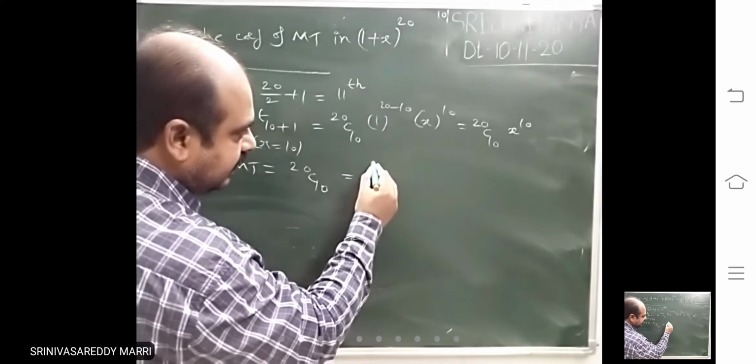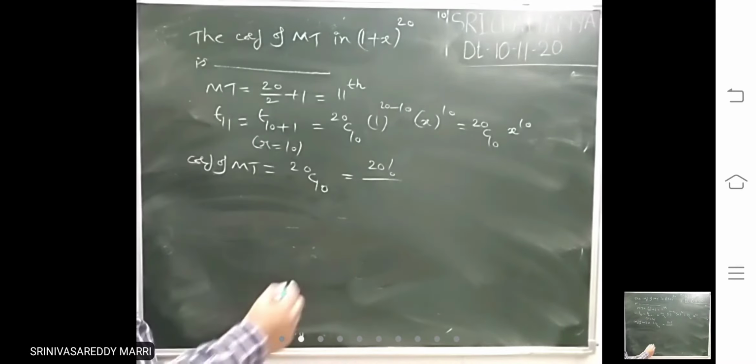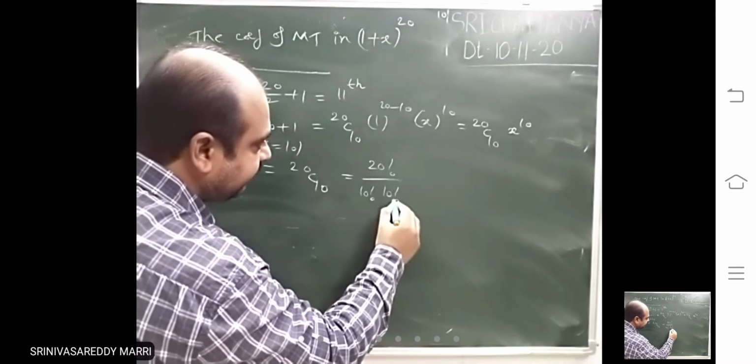Observe carefully here. The answer can be given like this or otherwise. Look at how I am simplifying. The answer can be given like this also: n factorial divided by r factorial into (n minus r) factorial.